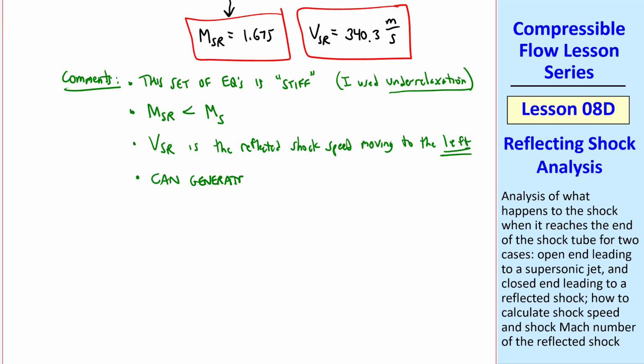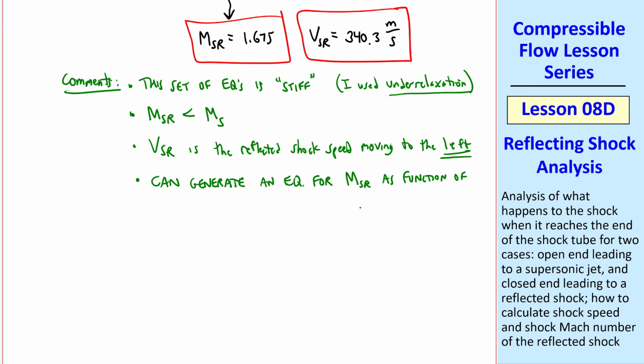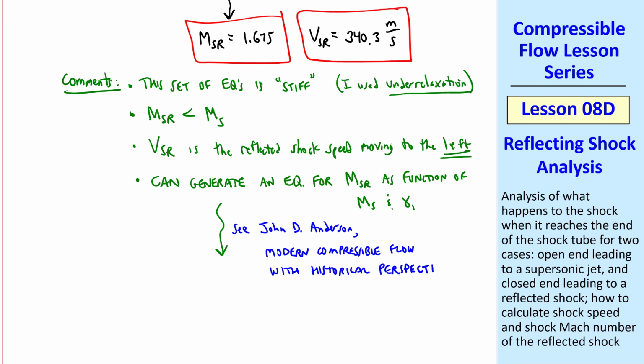I also note that it is possible to generate an equation for MSR as a function of the original MS and gamma 1. This involves lots of algebra, which I won't go into, but if anyone's interested, see the book by John Anderson, Modern Compressible Flow with Historical Perspective.